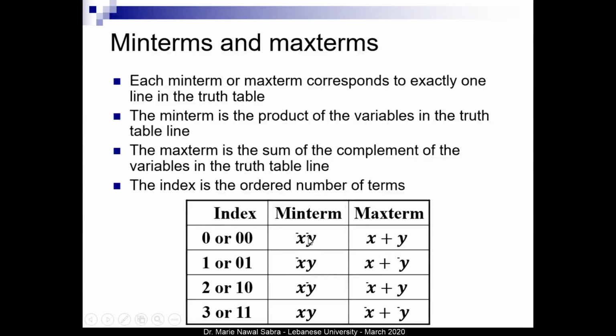So this is x bar y bar. The max term corresponding to it is x or y. And this one is x bar y, x y bar, and x y for the min-terms. And it is x or y bar, x bar or y, x bar or y bar. So the max terms are exactly the opposite, by De Morgan's law, of the min-terms.